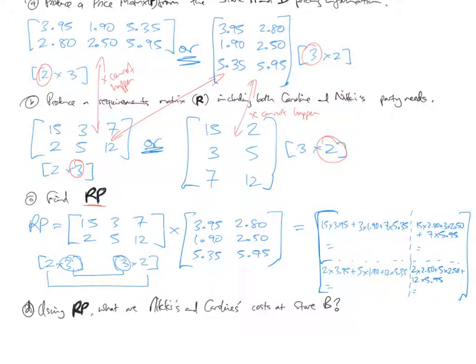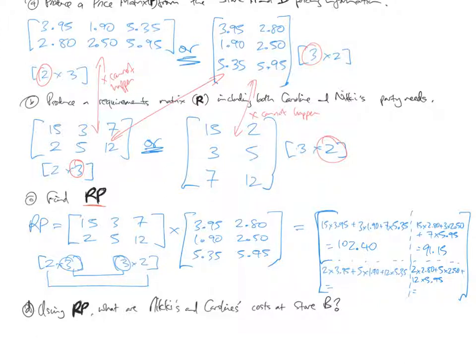So 15 times by 3.95 plus 3 times by 1.9 plus 7 times by 5.35. It comes to 102.40. Next, 15 times by 2.8 plus 3 times by 2.5 plus 7 times by 5.95, 91.15.